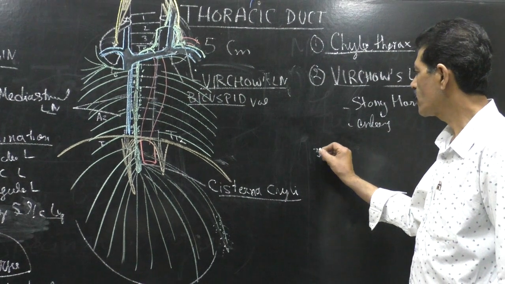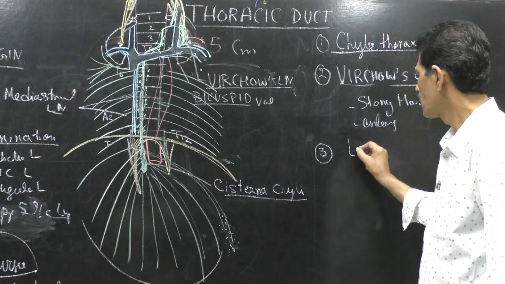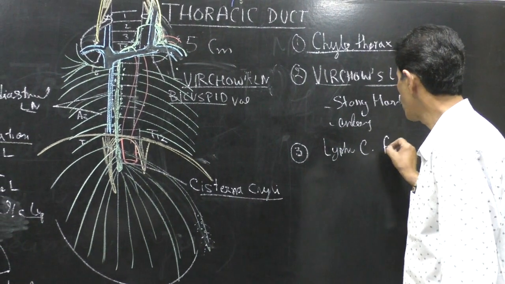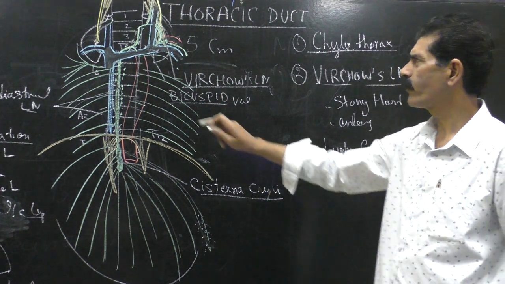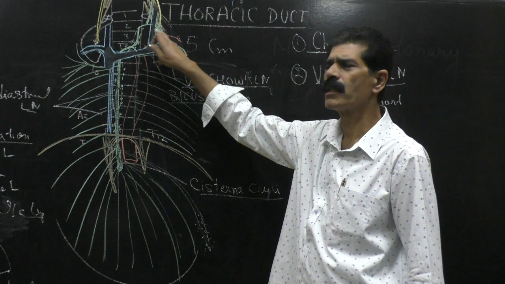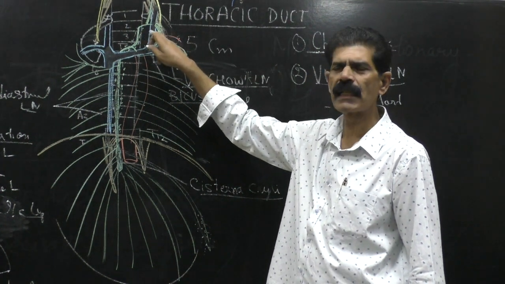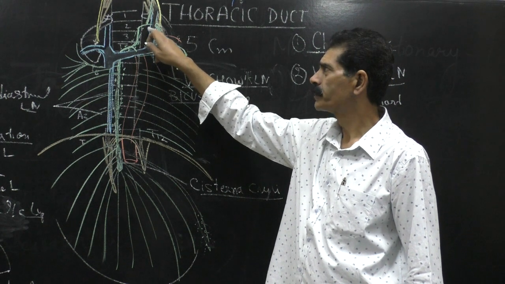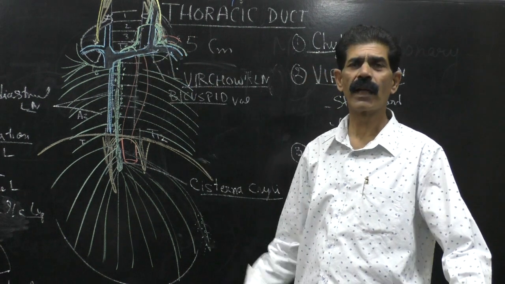Another condition related to this is the lymphatic cervical fistula. In this condition, what happens is if any operation is done in the lower part of the neck, then due to surgical negligence, there may be a cut of the thoracic duct.